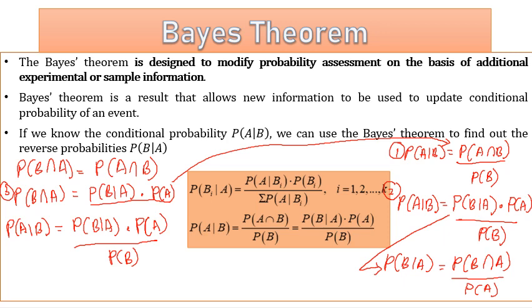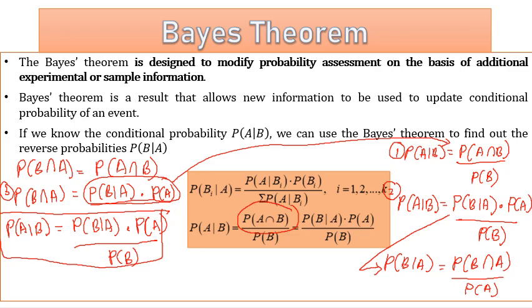P(B and A) equals P(B given A) times P(A) from this equation, and we substitute P(A and B) with this equation, over P(B). Understand? You must remember this formula.